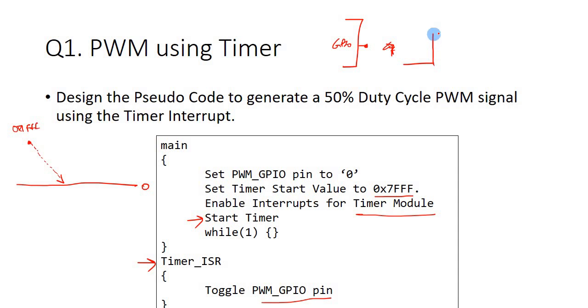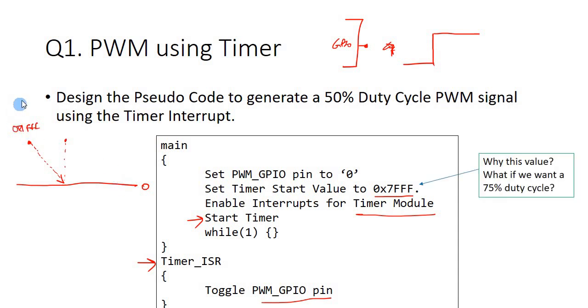And then it will stay for how long? For the same duration. Why? Because the behavior of the periodic interrupt timer is it will automatically reload the TSV, the timer start value, into the counter register or timer register, and again begin the countdown.